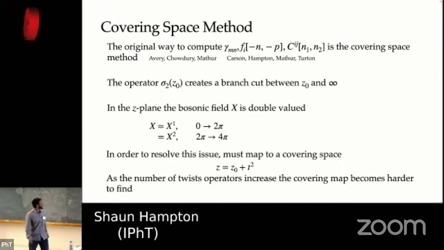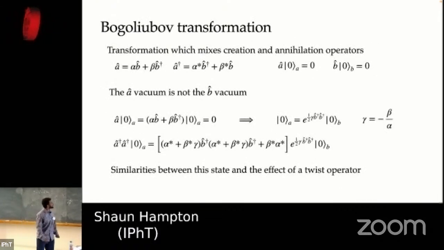And as I say here, as the number of twist operators increases, the covering map becomes much harder to find. Actually it becomes harder quickly. And so if there's another way, we'd like to figure out how to compute some of these effects. So I just want to mention this Bogoliubov transformation, which basically, if I have a set of operators A and A dagger, I can write those as a linear combination of some new operators B and B dagger.